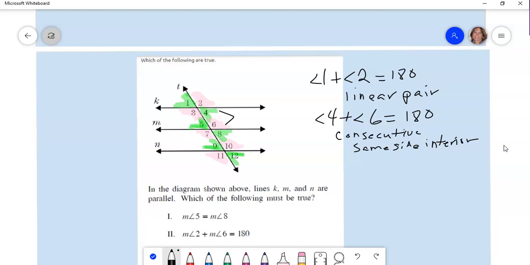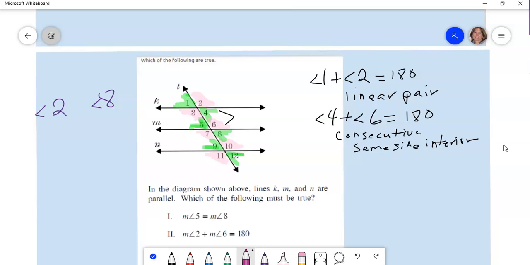So now let's go and apply this rule to some other angle relationships. Let's think about, what if I were to ask you about, let's say, angle 2 and angle 8. What do we notice about these two angles?